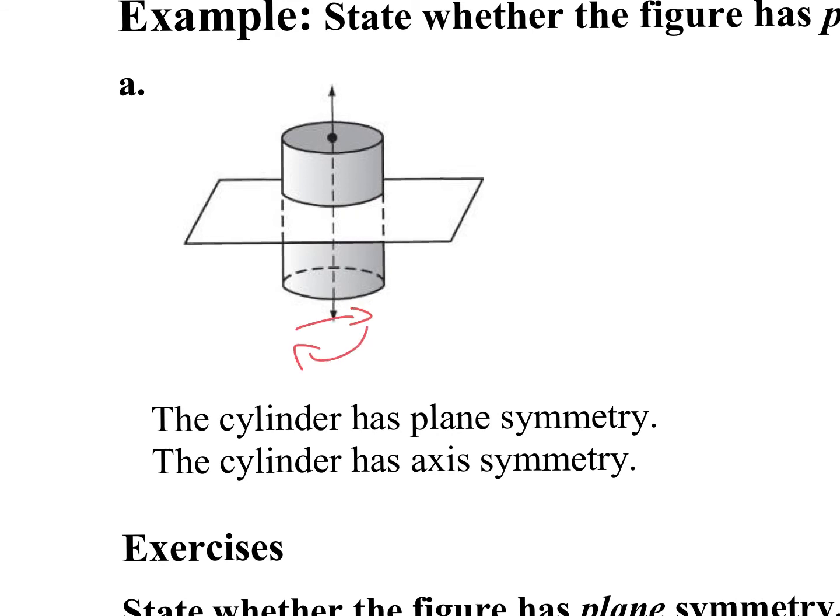No matter how much we rotate it, we're still going to have the same general figure. It also has some plane that we can use to cut our figure and reflect it across that plane, giving us plane symmetry. So the cylinder has both plane symmetry and axis symmetry.